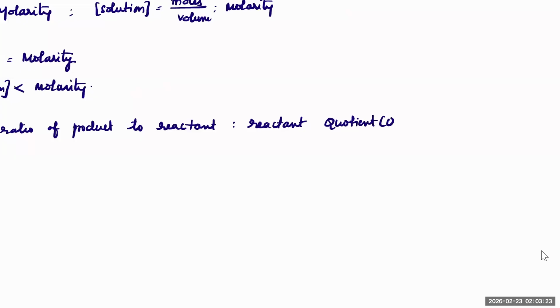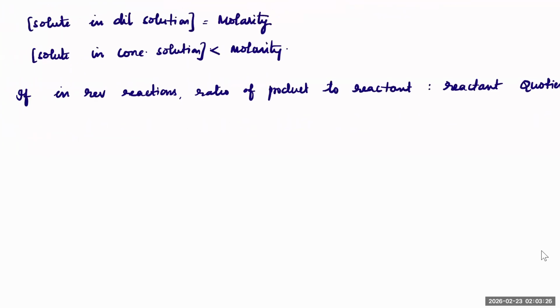We write that as Q. And Q is defined at any point of time, before or after equilibrium, that is, at time t. Q can be written as the product concentration at time t divided by the reactant concentration at time t, and that defines the reaction quotient. It has three cases to see. If you are expressing that in terms of concentration, we write it as Qc.